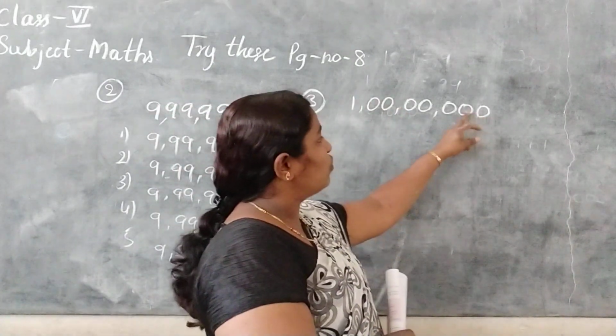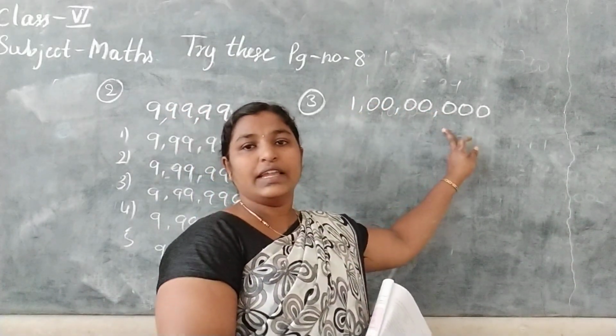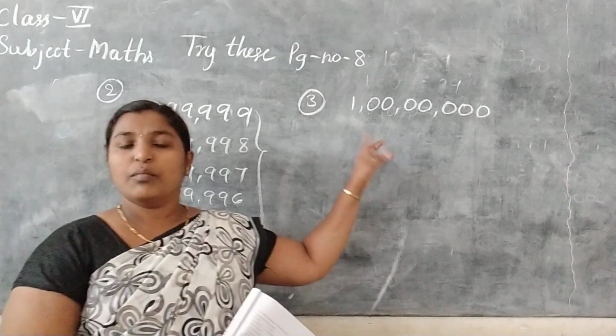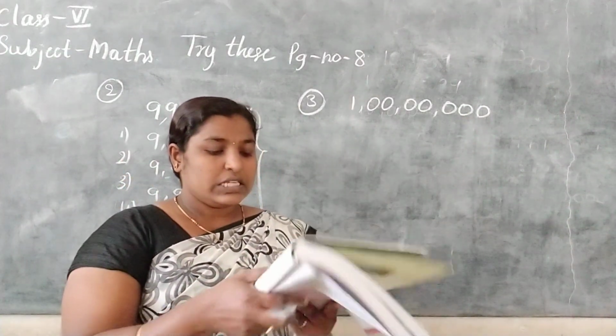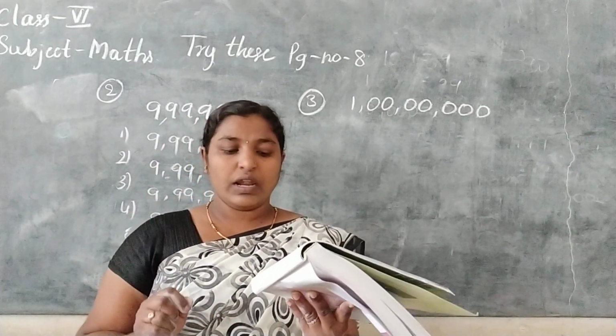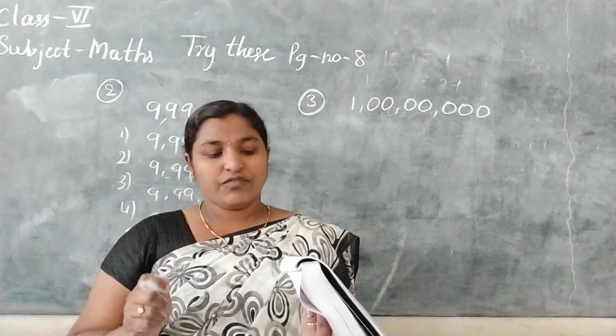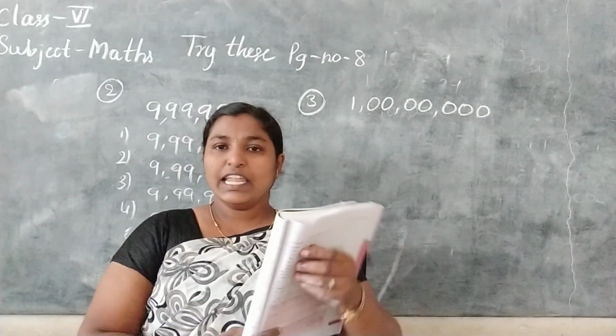Is it 8 digits? 1, 2, 3, 4, 5, 6, 7, 8. So the smallest 8-digit number is nothing but 1 crore. Starting from the smallest 8-digit number, write the next 5 numbers in ascending order.